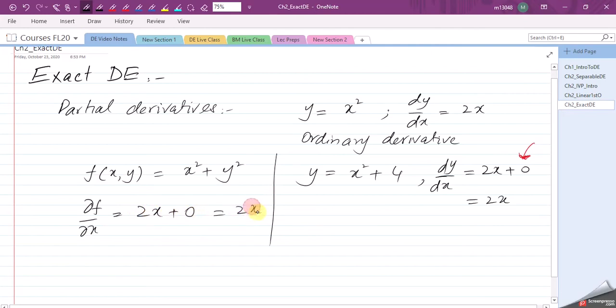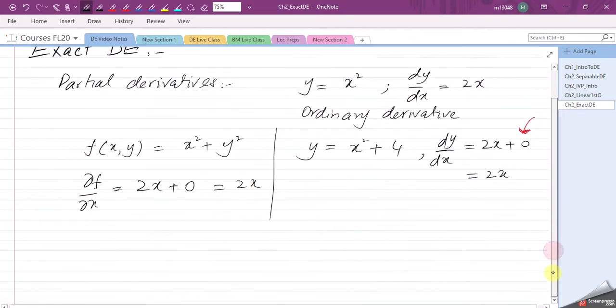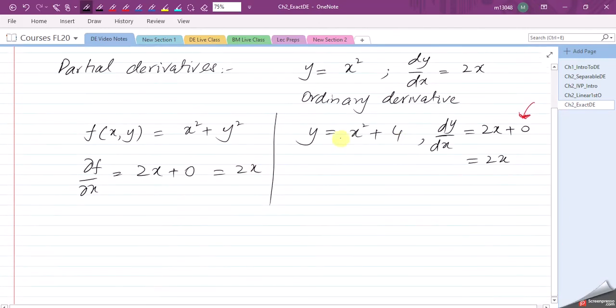So that is 2x. We must remember though, the constant in derivatives has different behavior in different situations. For example, how about 6x square? dy by dx equals, is derivative of 6 0 here? What do you think?